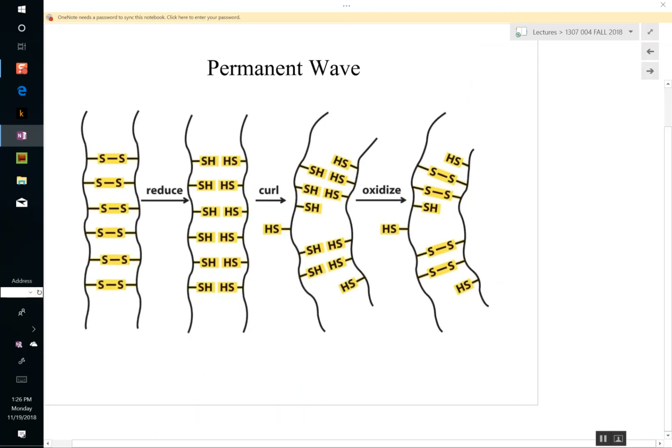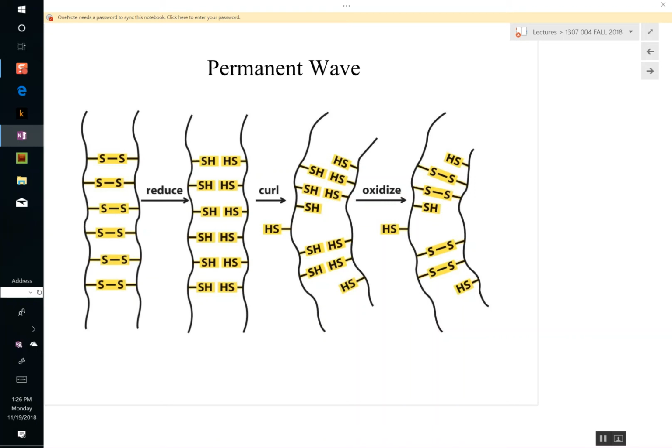Oh, you'll love this. Those of you that ever had a permanent, what are they doing with a permanent? They're taking the hair, the natural disulfide bridges that are in the hair, they treat it with a chemical.